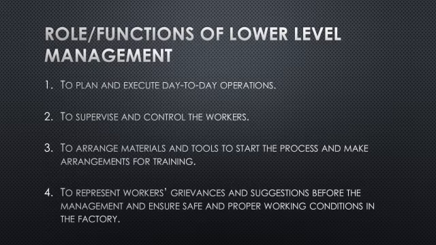Now let's talk about the various roles and functions of the lower level management. Basically, we can say that the evaluation and implementation of plans and strategies are done at this level, but they have very limited authority in the organization. In a production company, supervisory management plays a very important role since they interact with the actual workforce and pass on instructions of the middle management to the workers.